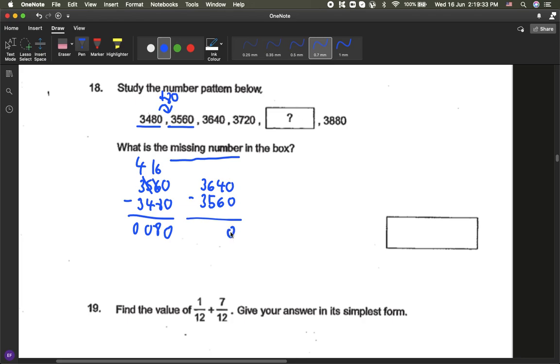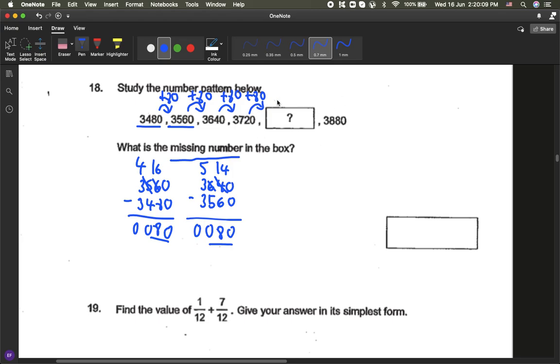So 0 minus 0 is 0, and this becomes 14. 14 minus 6 is 8, and this becomes 5. So 5 minus 5 is 0, 3 minus 3 is 0. So we can see that the difference between 3,640 and 3,560 is similar to that of the first two numbers. So this is also plus 80. So now we can see that there is a pattern. Every consecutive number, we need to add 80.